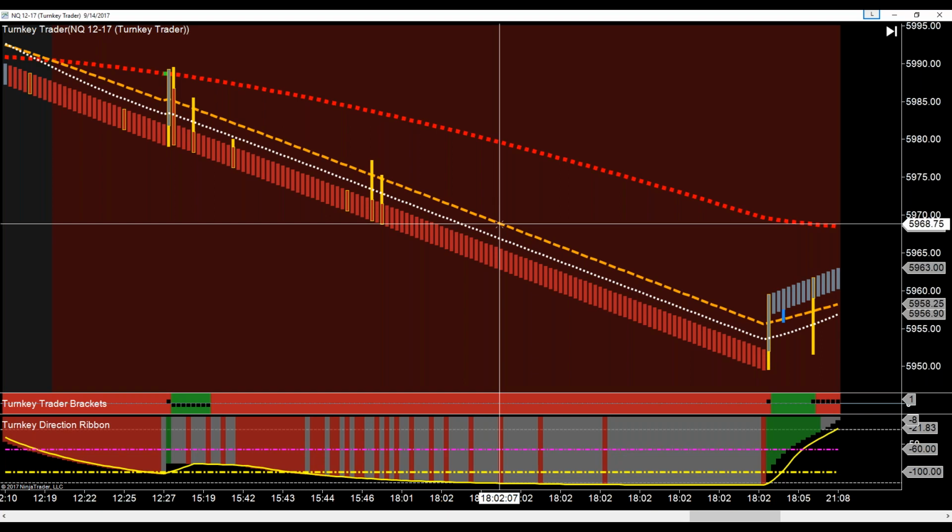But it does give your runner a little bit of breathing room in case there is a bit of retracement back to your entry price, which has seemed to be happening quite a bit recently, especially in the NQ.